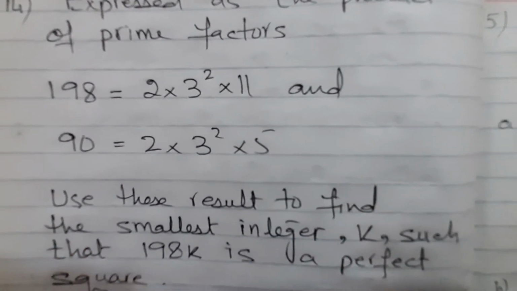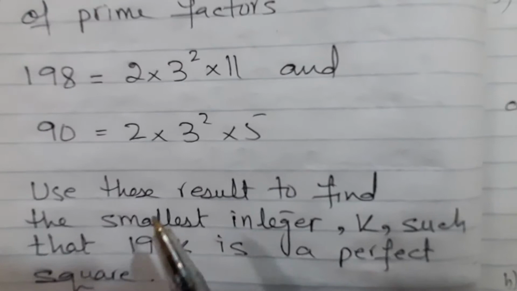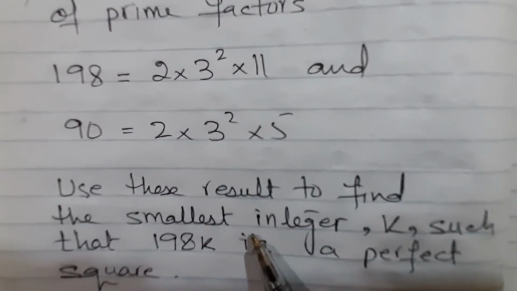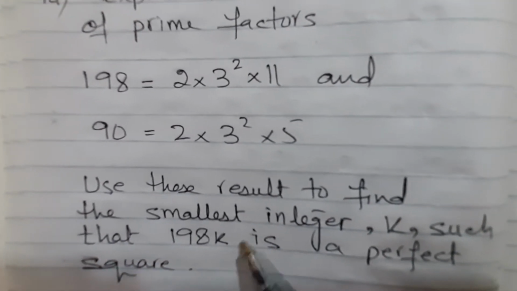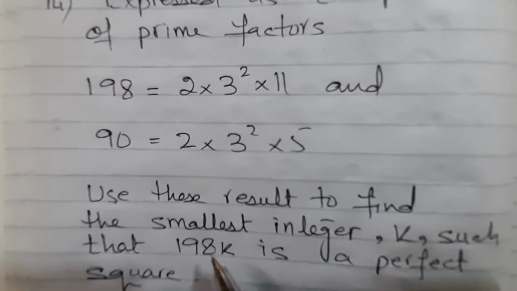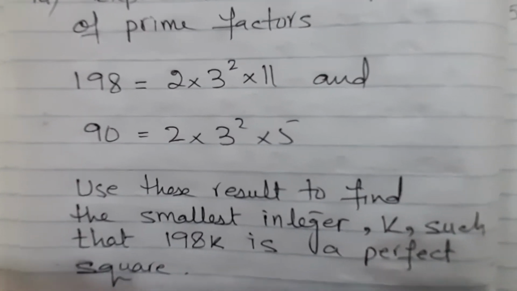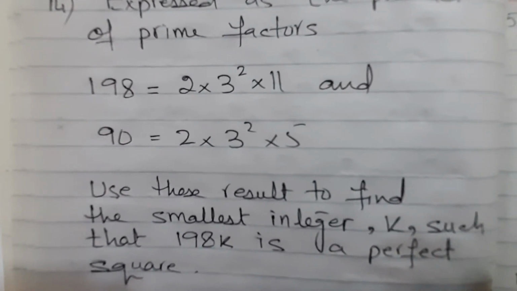Anyway, these two prime factorizations are given, and the question is saying, using these results, find the smallest value of k such that after multiplication with 198, the number becomes a perfect square. Now we know in a perfect square, we get pairs.